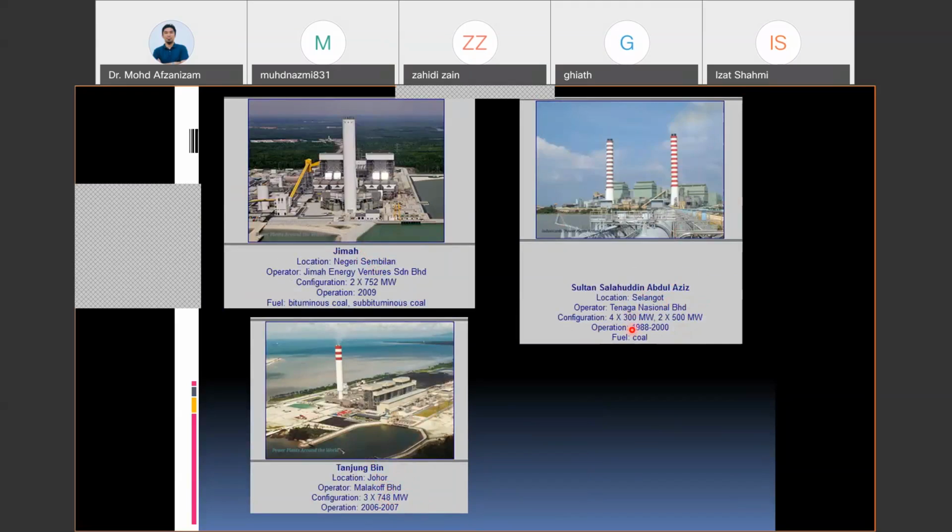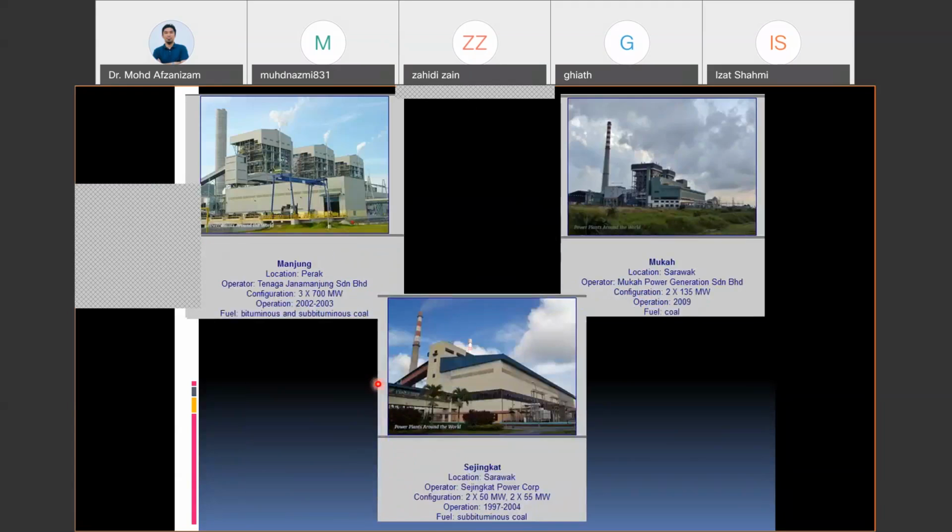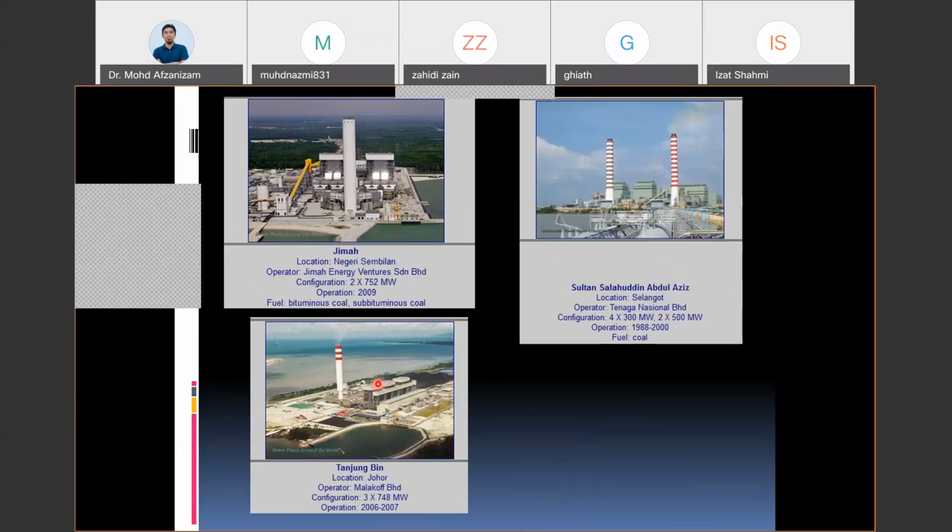This one, 2,000 megawatt, more or less. So for your information, normally during the face-to-face session, sir will bring the students to visit one of these power plants. For example, in semester 2 2019, if I'm not mistaken, we went to the Tanjung Bin location in Johor by bus.